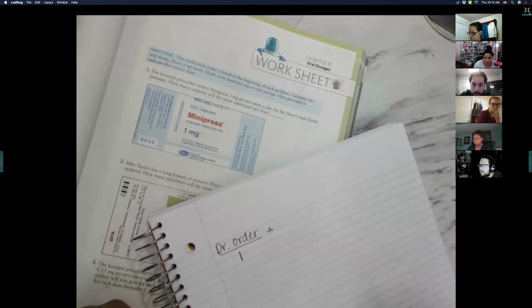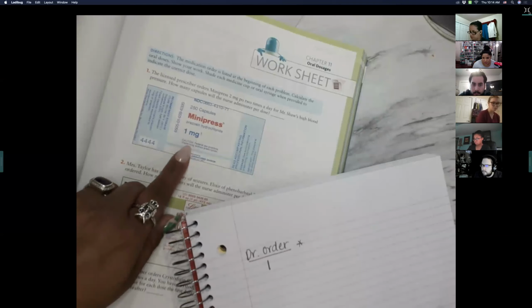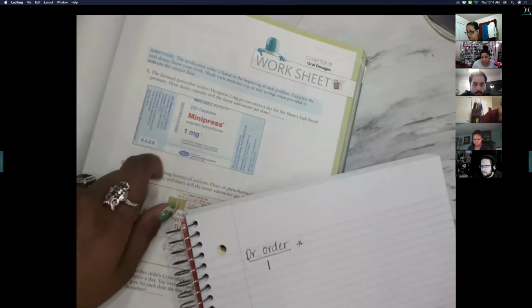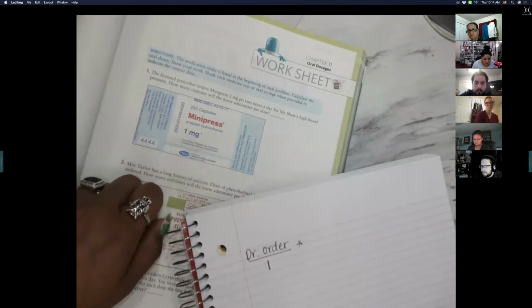So we look at our medication label, and I want you guys to tell me how much medication is available per capsule. 1 milligram, right?